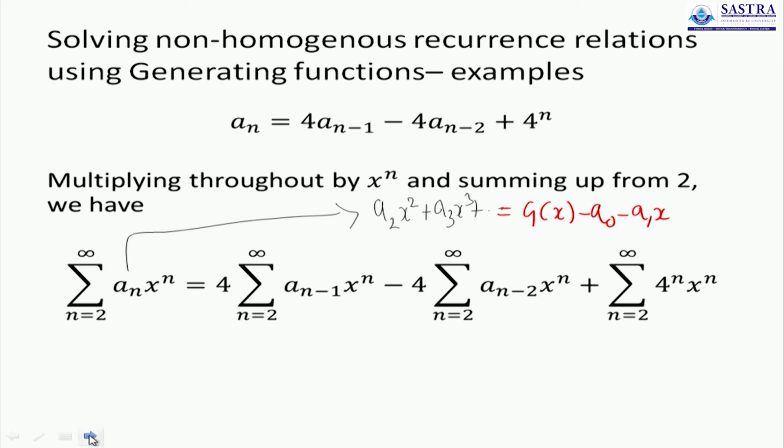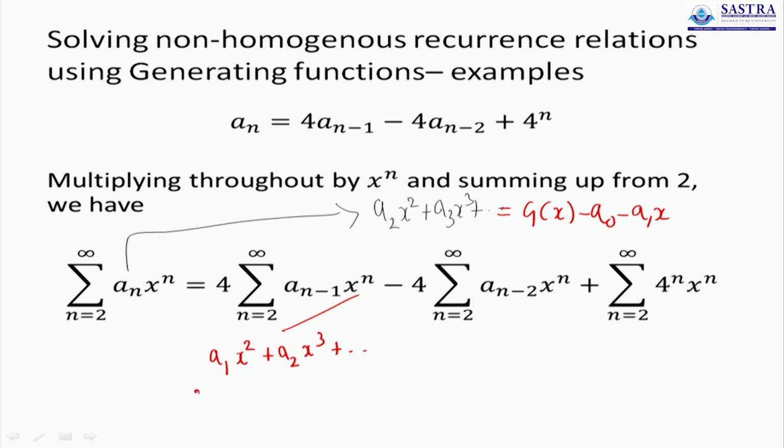Okay. Now this summation is once again where we do a very minor manipulation, because this summation doesn't have the index and the exponent to be the same. The index is at n minus 1 and the exponent is at n. So you will end up having a1 x squared plus a2 x cubed, so on and so forth. We don't want this.